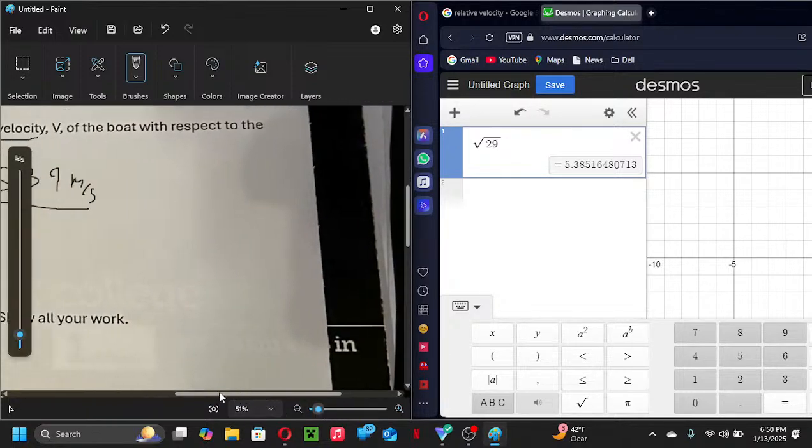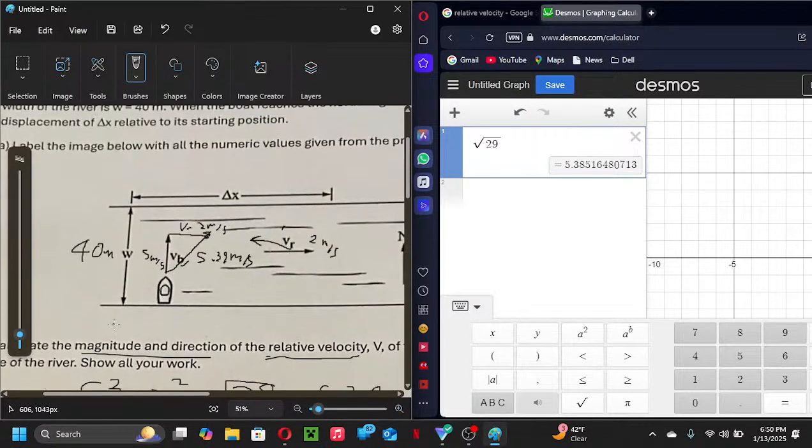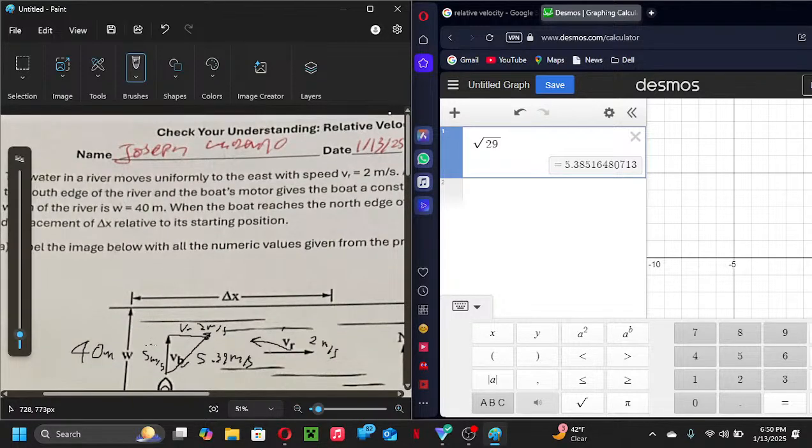Read it again. Water in the river moves uniformly to the east. The boat starts at the south edge of the river and has a speed of 5 meters a second. The width of the river is 40 meters. When the boat reaches the north edge of the river, it has an eastward displacement of x relative to its starting position.